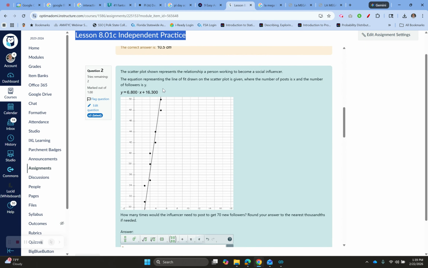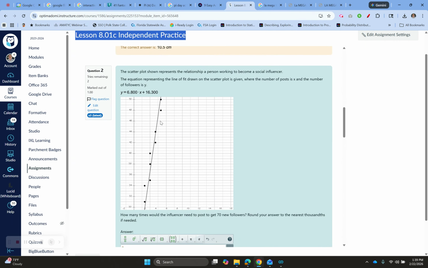And basically here, x is the number of posts the person is making in social media. And y is the number of followers, okay? As you can see, as the person makes more posts on social media, it gets more followers. Okay, that's why you see that line going up from left to right.